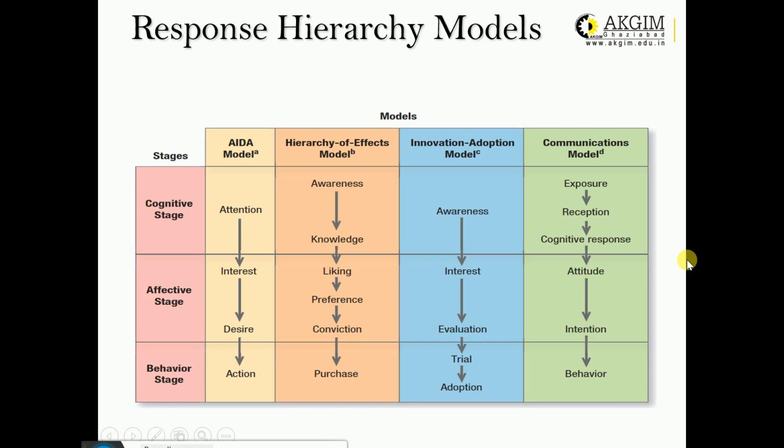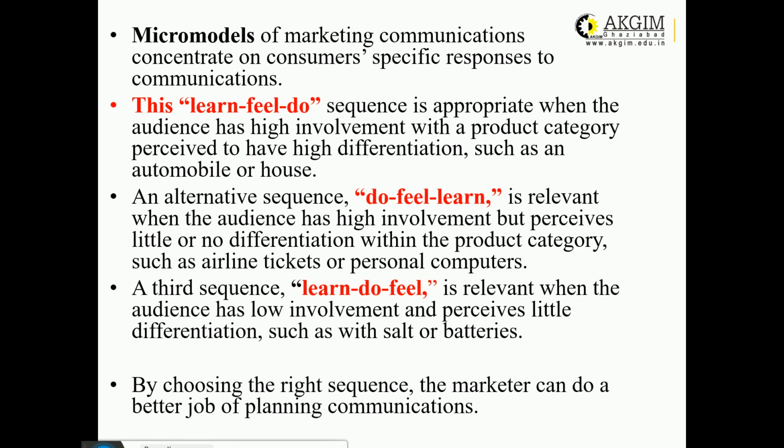Let me take you to another part of this micro model of marketing communication, which concentrates on consumer specific responses to communication. There are three responses: learn, feel, do; do, feel, learn; and learn, do, feel.